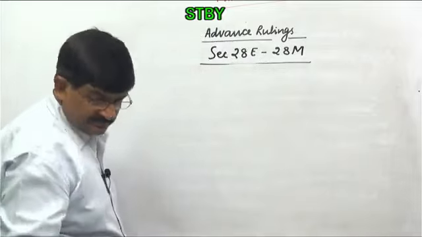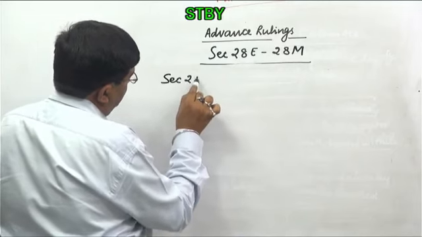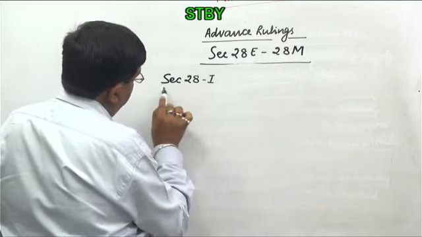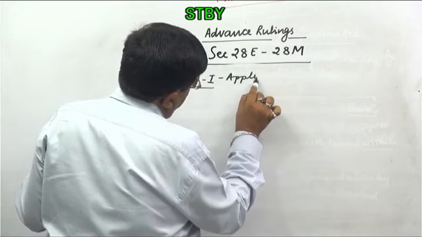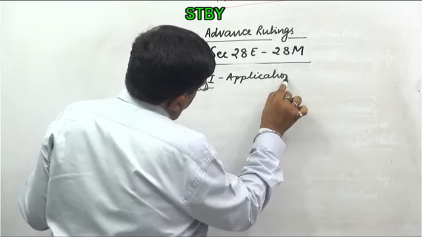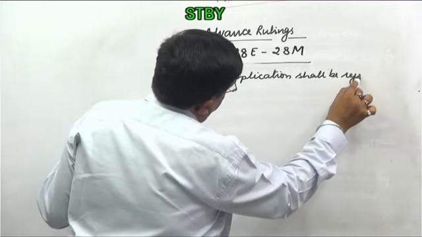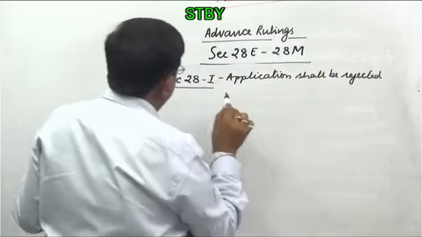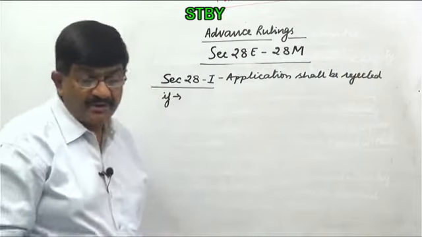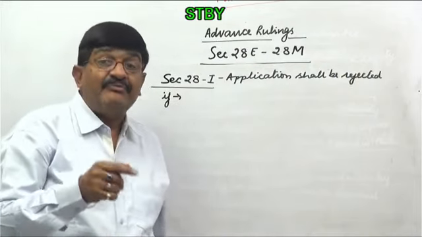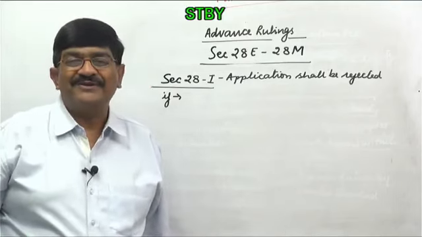Rejection, section 28I, the application shall be rejected if, read the wordings carefully. What I have written, shall be rejected, means the authority for advance ruling also does not have any choice whether advance ruling can be given or not.